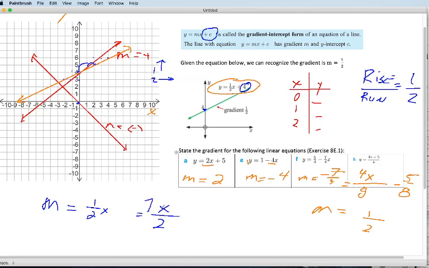So when you have a fraction, you have to be careful to understand what the gradient is. If there's a number in the denominator, you have to take this hidden 1 and apply it so that we have 1/2 in this case. So these two things are the same. They're just written differently. So that's our gradient intercept form. That's one form in which we write down lines, okay? So then there's some questions in the book for you to work on there.